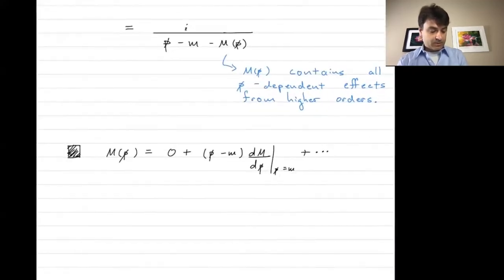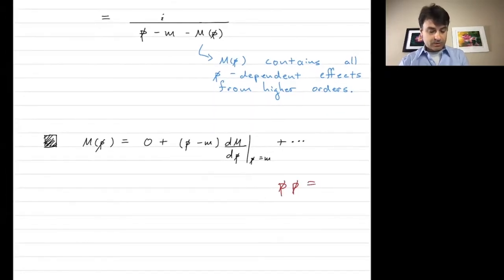Now, to understand these kind of derivatives, just note that p slash times p slash is equal to p squared, and p slash equal to m. What we mean by that is actually p slash equal to m times a unit operator in Dirac indices, and then there should be a unit operator in Dirac indices up here.